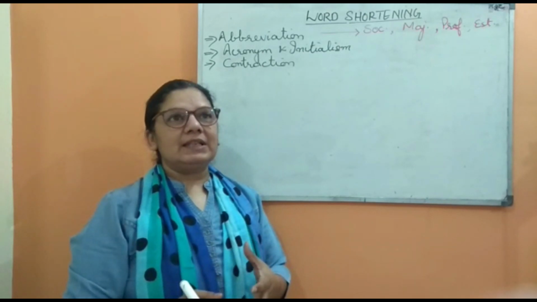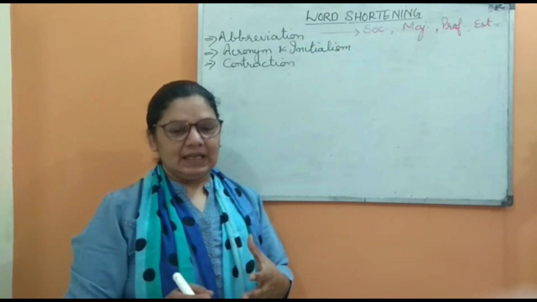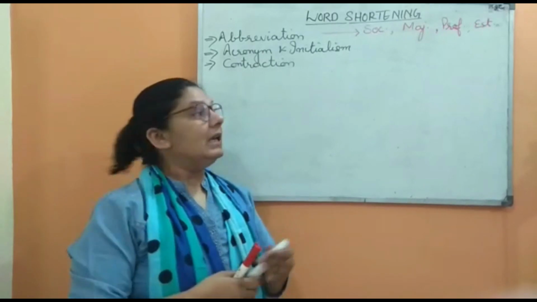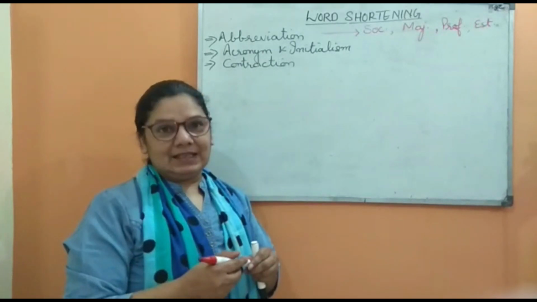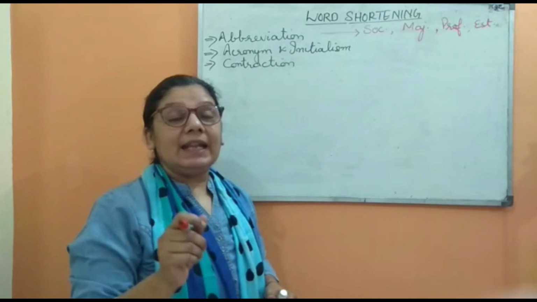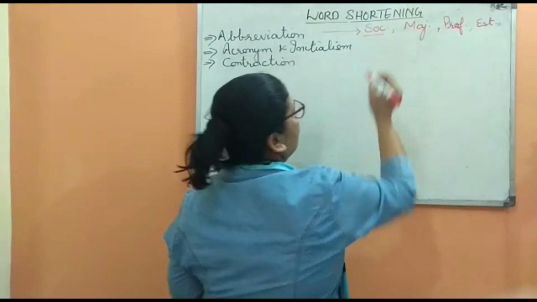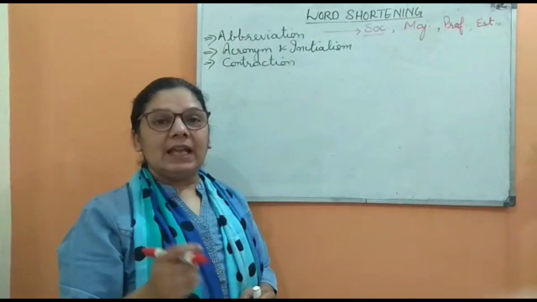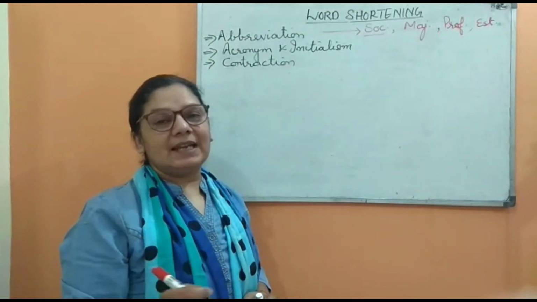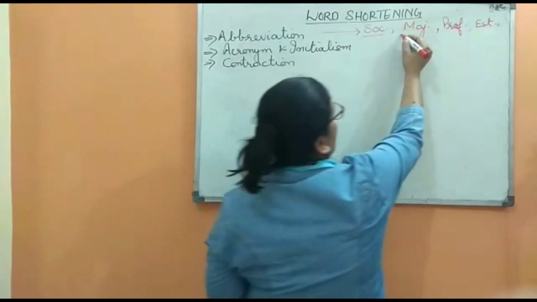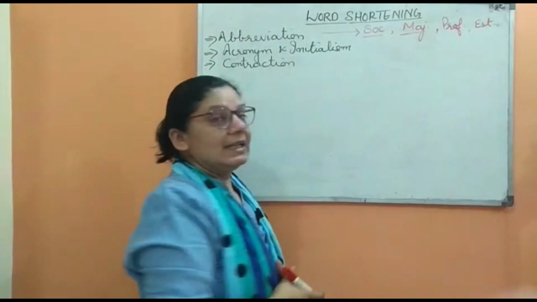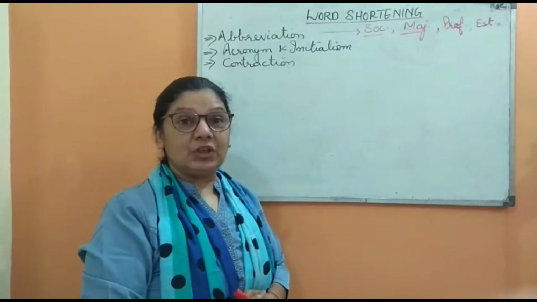But abbreviation is actually a way of shortening by removing the last letters or the ending of a word. For example, if I have written SOC, it is an abbreviation for society. MAJ is an abbreviation for major.